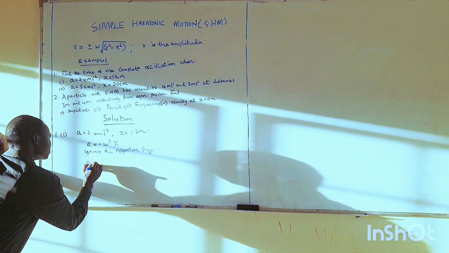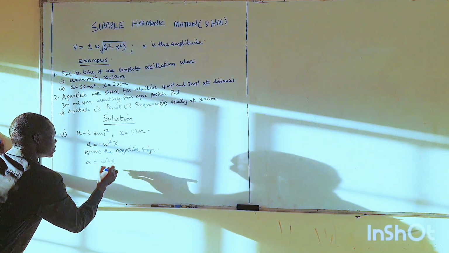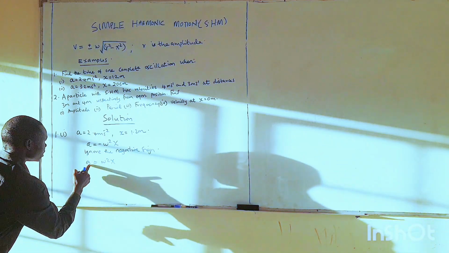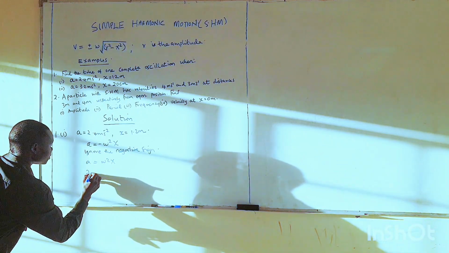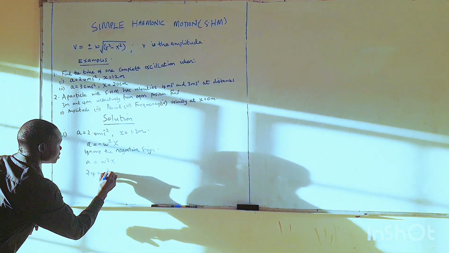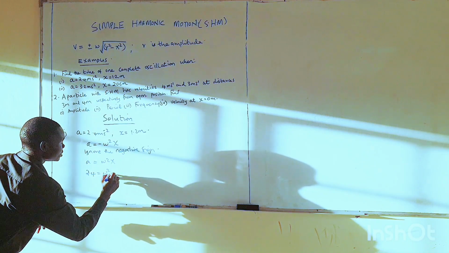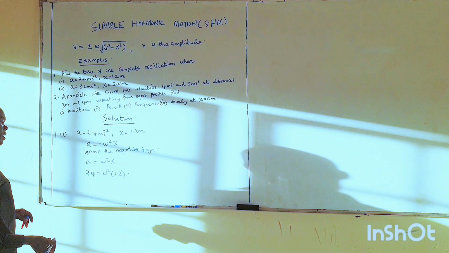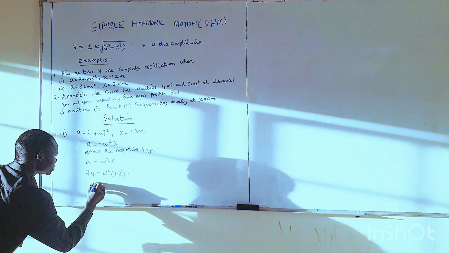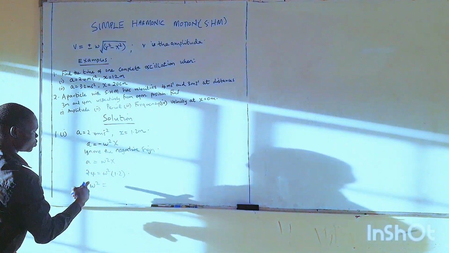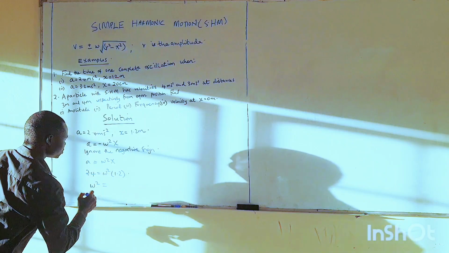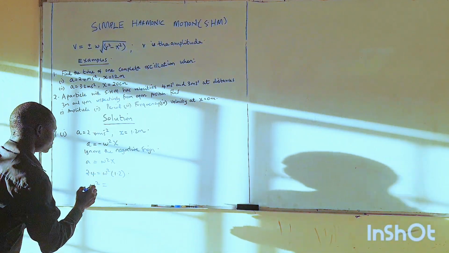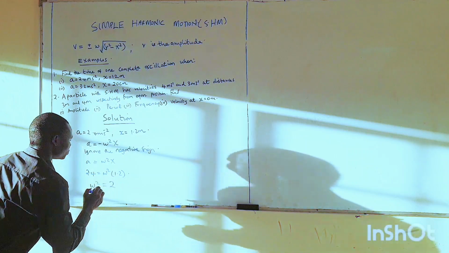So we shall have a is equal to mu squared x. And we have our a, we have our x. So we just substitute. a is equal to 2.4 is equal to mu squared times x. x is 1.2. So through dividing, we shall get, actually, we shall get 2.